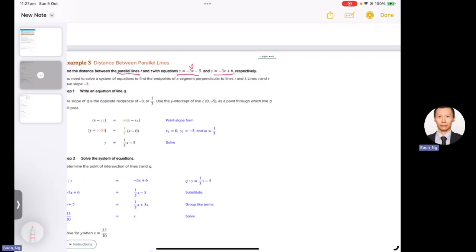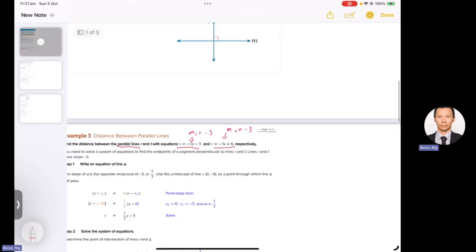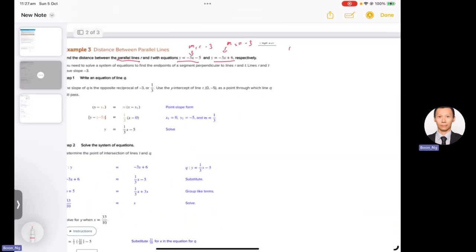You can see that the M1 is equal to -3, so is M2. And remember, if M1 and M2 are equal, that means parallel.